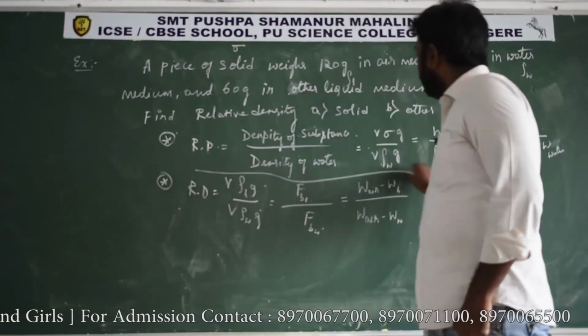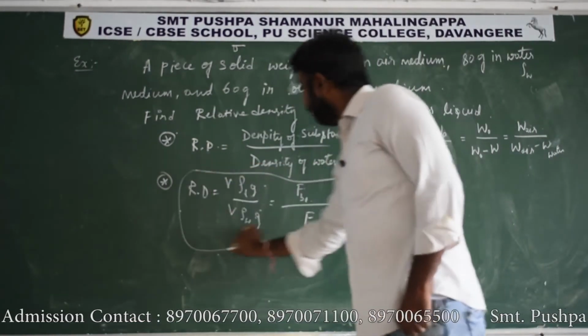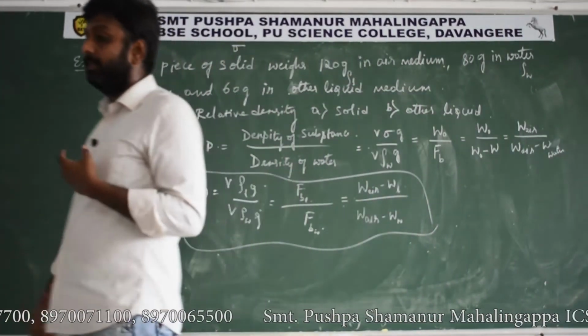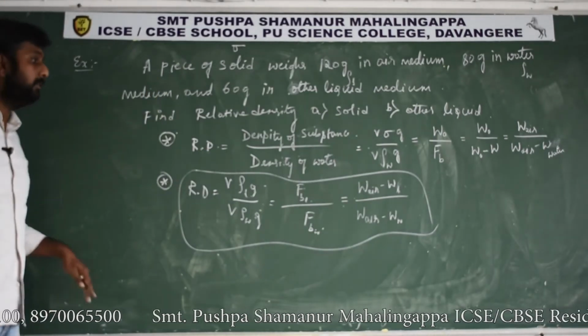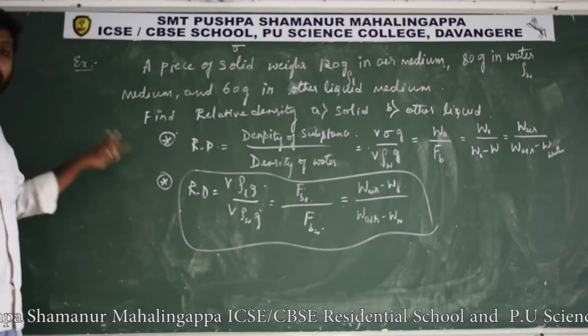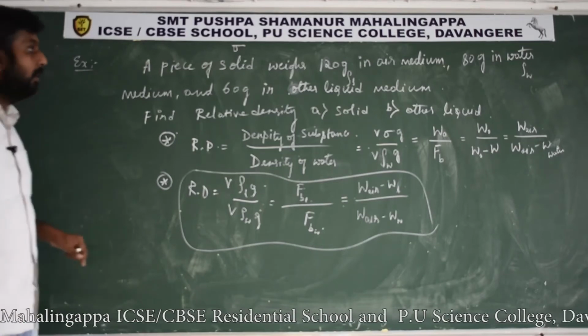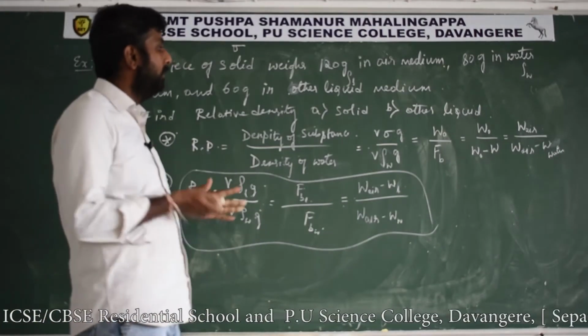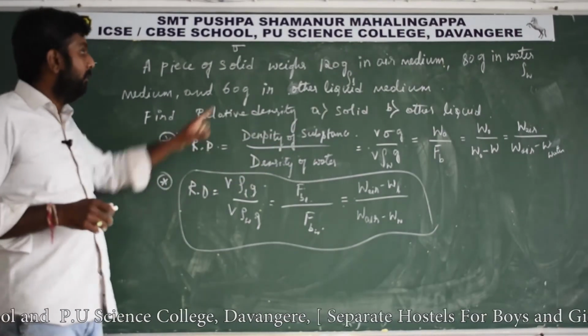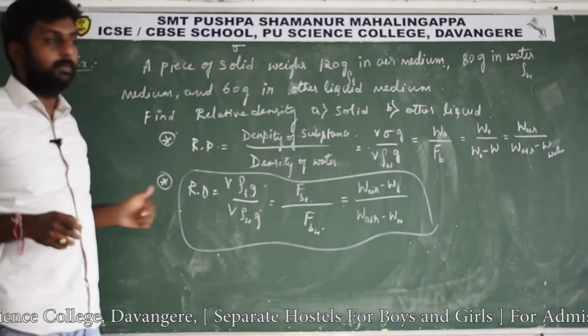So these are the two important formulas which are very useful to solve problems based on Archimedes principle and force of buoyancy to find the relative density in competitive exams. Okay, by using this formula you can solve the above problem.